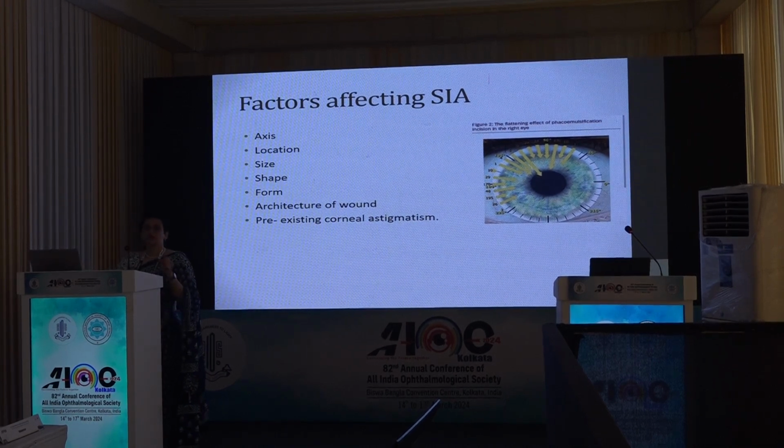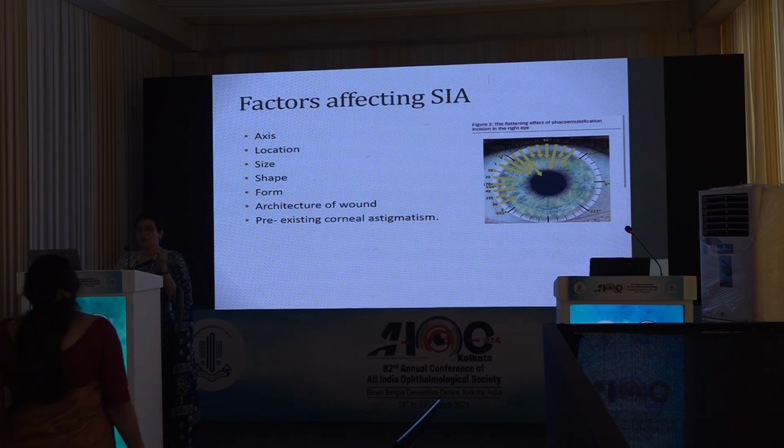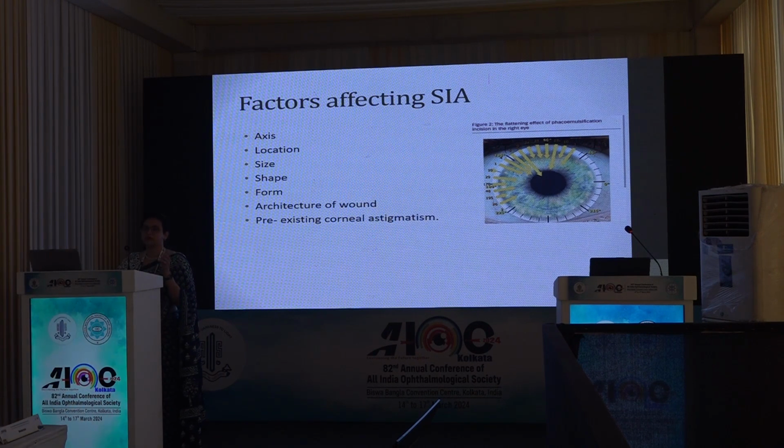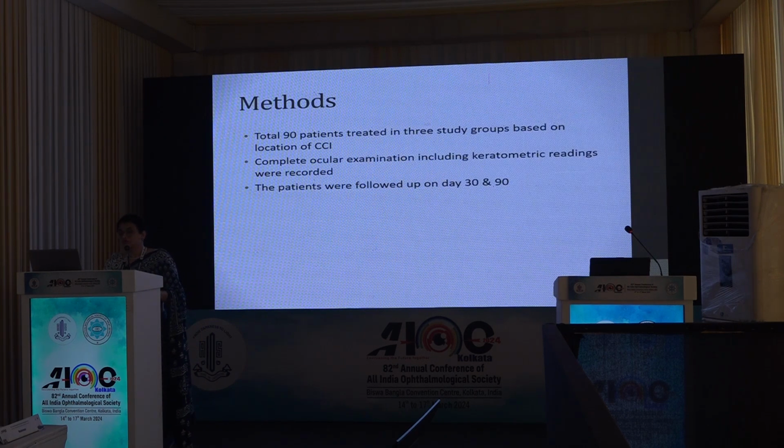Then the shape: there are various shapes, linear, square, rectangular. The form, how the wound is formed, like uniplanar, biplanar, triplanar, the architecture of the wound, and any pre-existing corneal astigmatism if present.